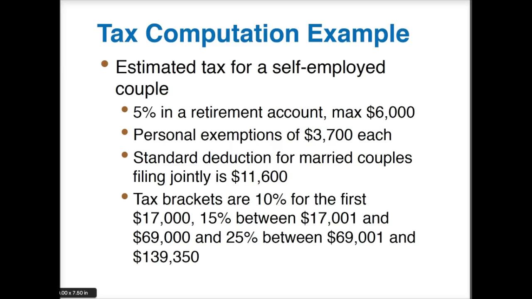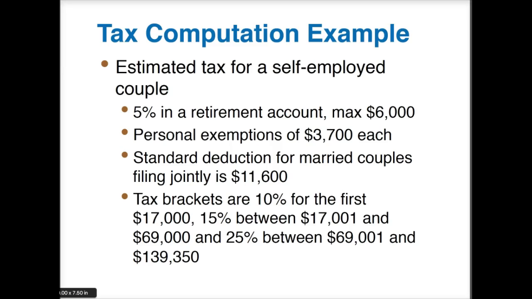For whatever particular year they are in, since they're self-employed, they would have those personal exemptions, and you'll know that by looking at your tax return forms. We also know that there is a standard deduction for married couples filing jointly, and that will be $11,600.